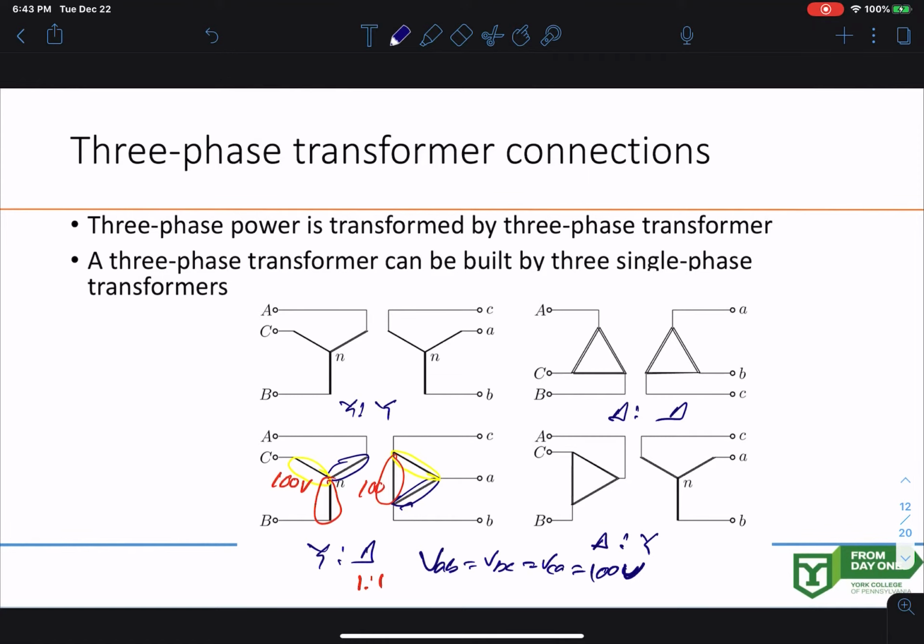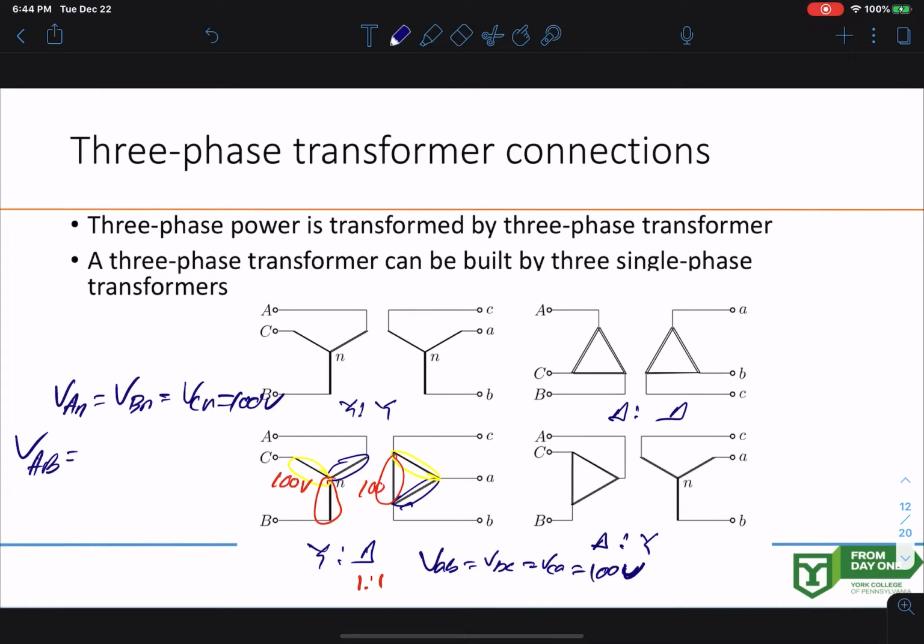Now over here, VAN equal to VBN equal to VCN equal to 100 volts, right? But VAB, the line-to-line voltage for the Y connection, is √3 times the line-to-neutral.